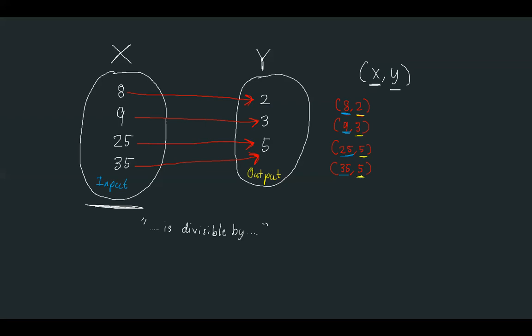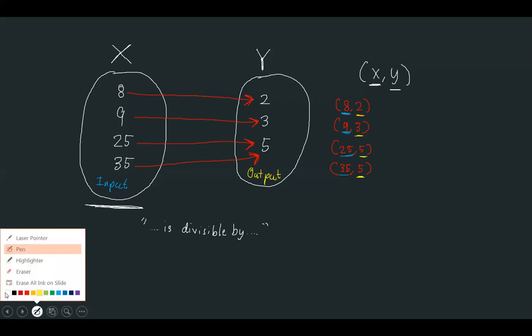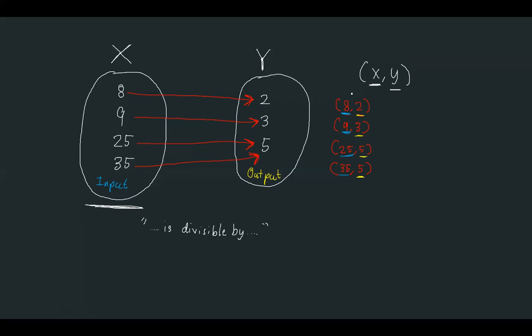Now that I already mentioned these pairs, since there are four of them, we can call them ordered pairs.